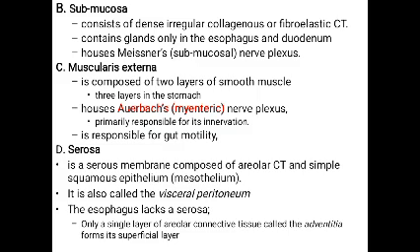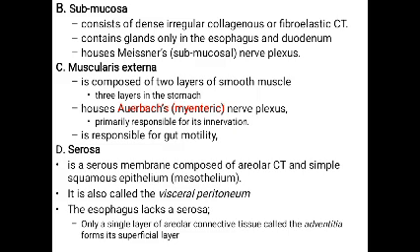D. Serosa is a serous membrane composed of areolar CT and simple squamous epithelium or mesothelium. It is also called the visceral peritoneum. The esophagus lacks a serosa, only a single layer of areolar connective tissue called the adventitia.